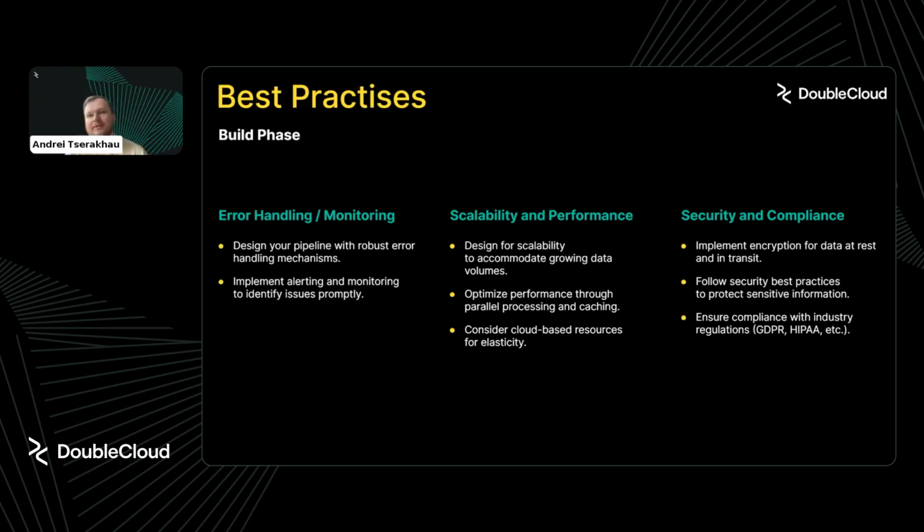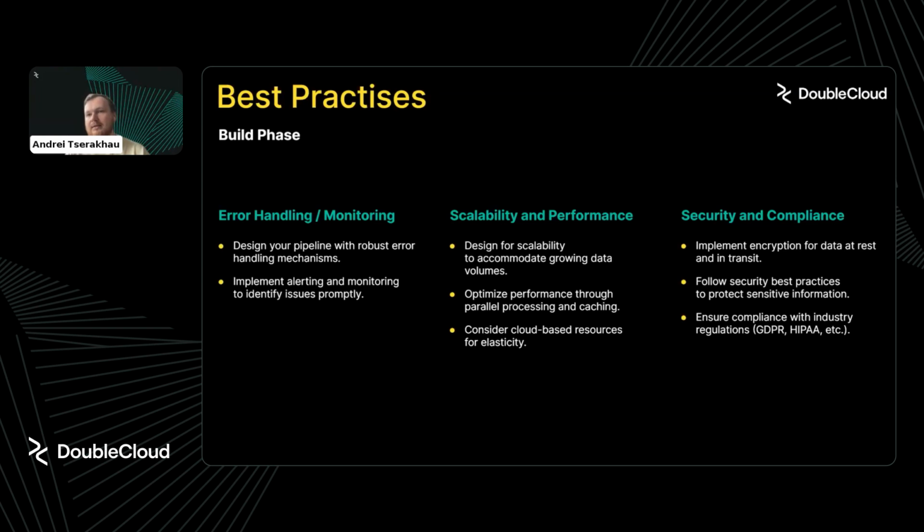Yeah. I would say that these requirements affect your build phase a lot, and when you're building things you need to keep this in mind. Another thing you have to be ready for is error handling and monitoring. It should be your mindset as an owner of a pipeline.